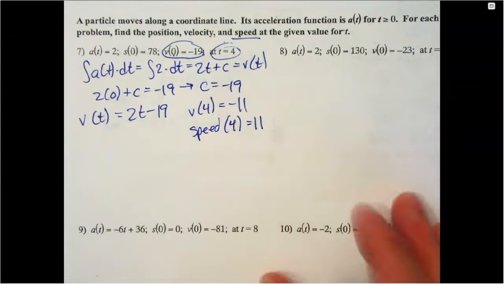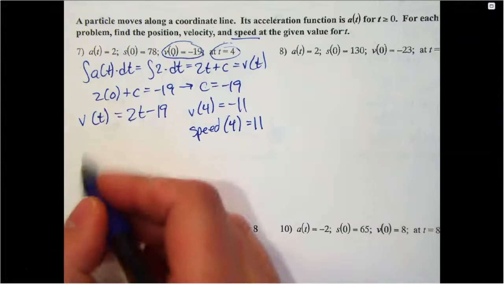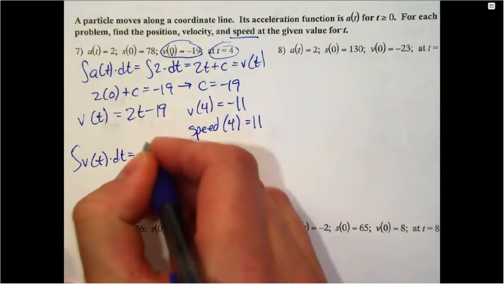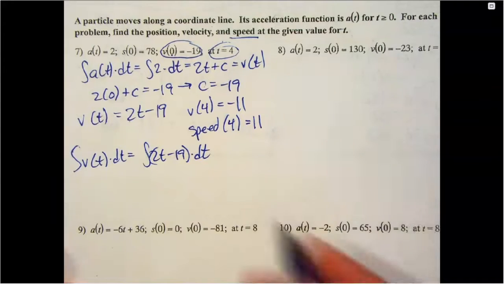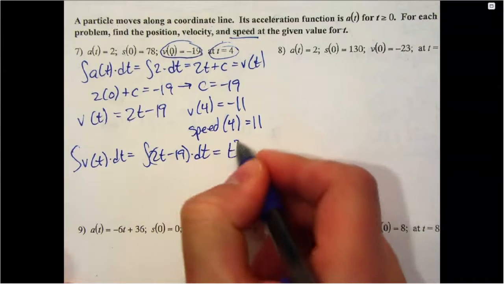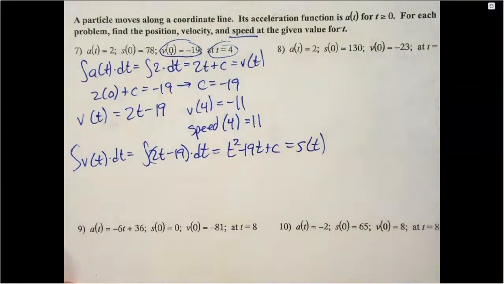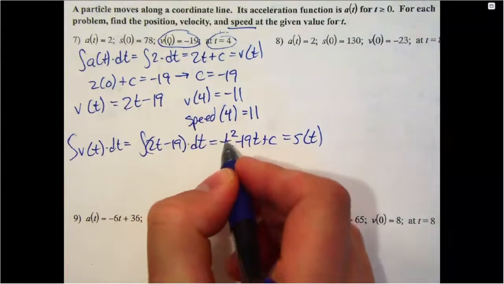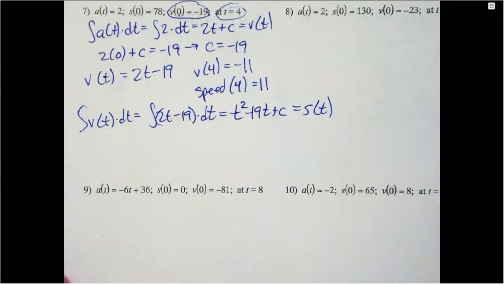Alright. And then just do the same thing to get position. So the integral of velocity, the integral of 2t minus 19, is t squared minus 19t plus c, and that equals your position. It's really annoying that s is position.